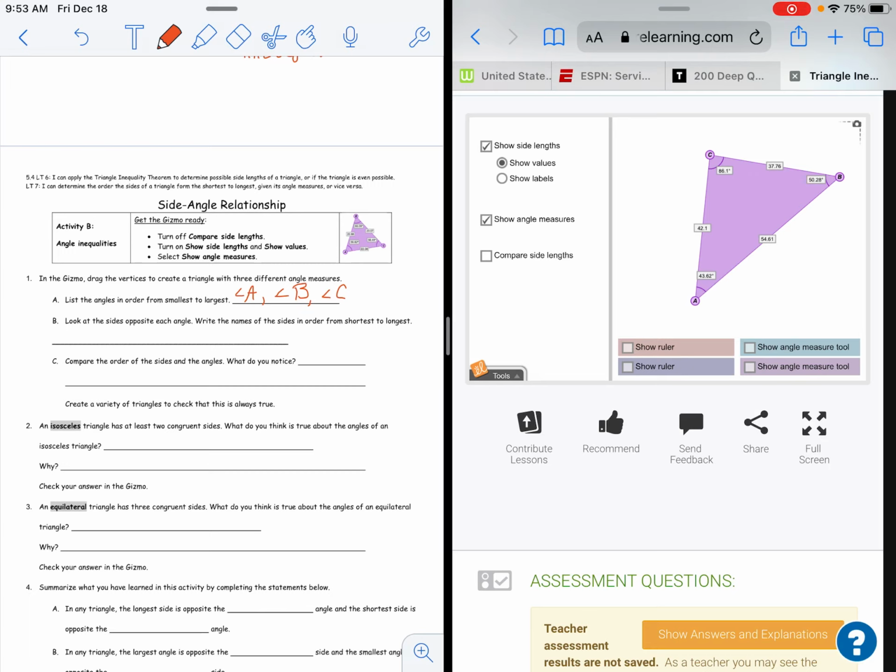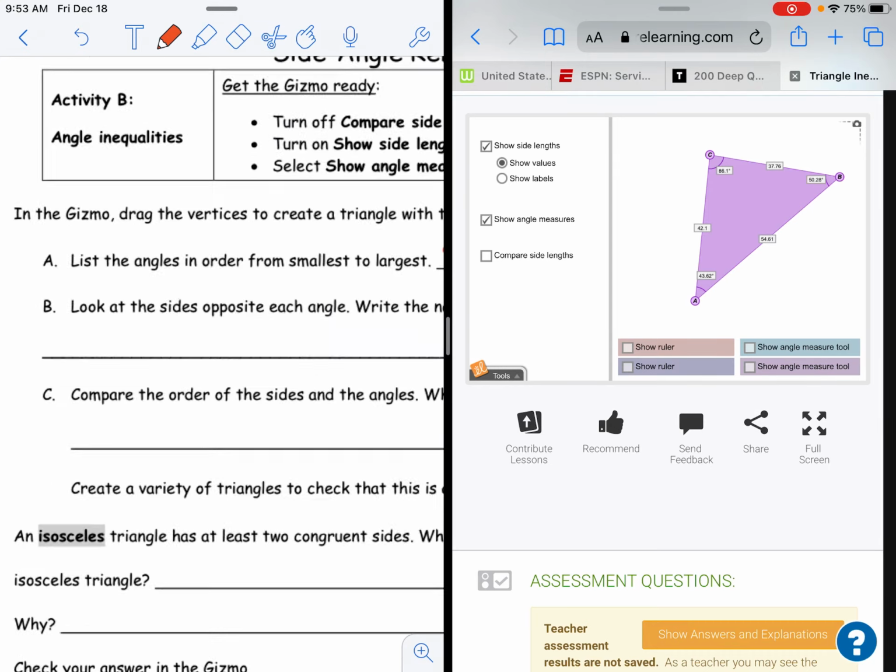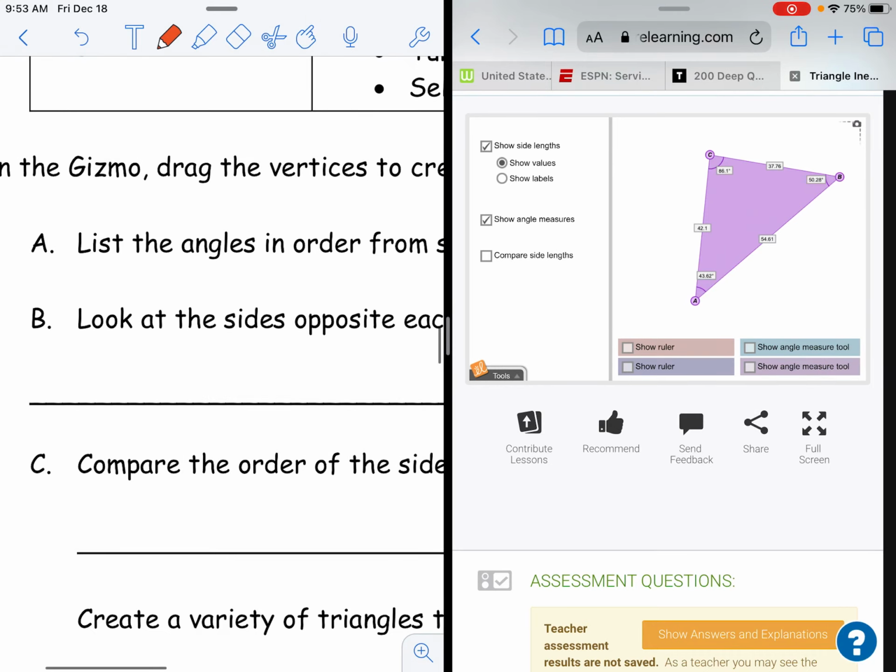Now look at the side opposite of each angle. What are the sides opposite of the angles, from shortest to largest? The shortest side, I'm going to write it like this, is BC, which we can call side a.